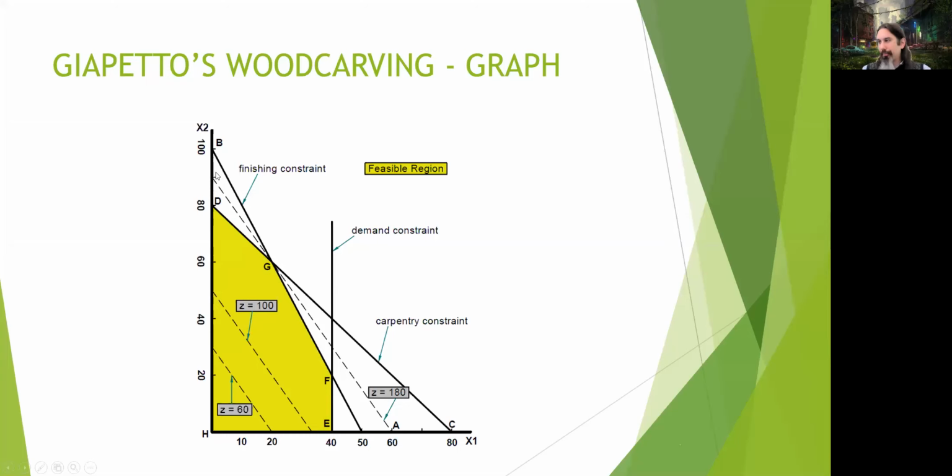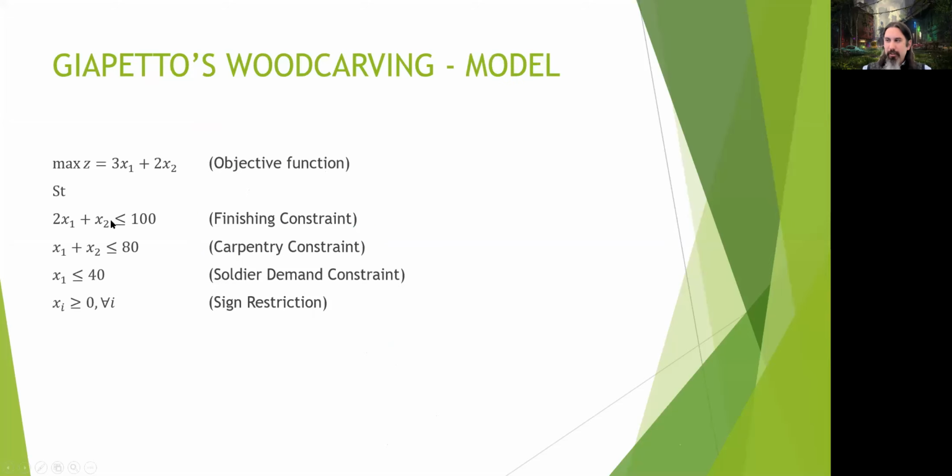Okay, so for point G, let's go back and find the solution. For point G, the finishing constraint and the carpentry constraint are equalities now. So from these two equalities with two unknowns, we can find x1 and x2. You remember this one from previous mathematics courses, I guess.